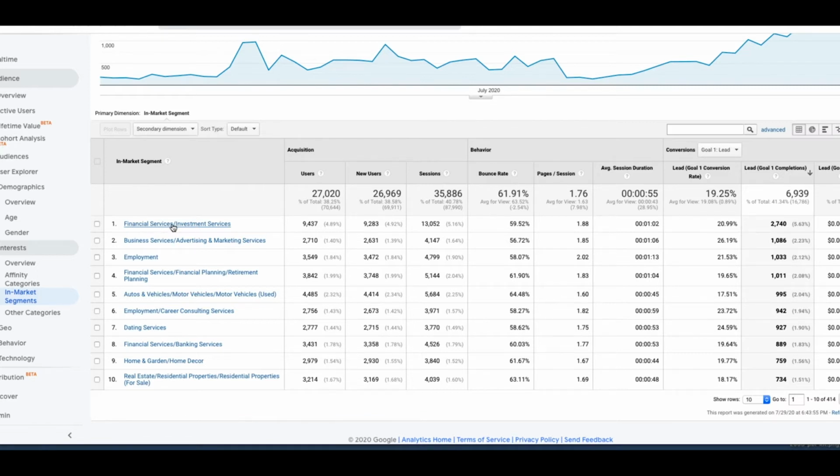But you'll find a lot of times that your avatar will fall into different interest categories rather than the ones that are just blaringly obvious to you. So this gives you a good chance to find out about that.